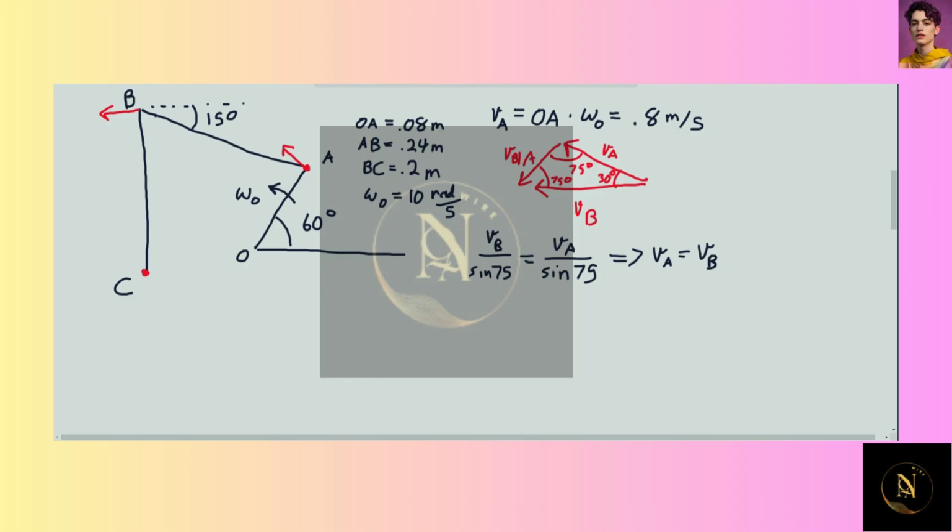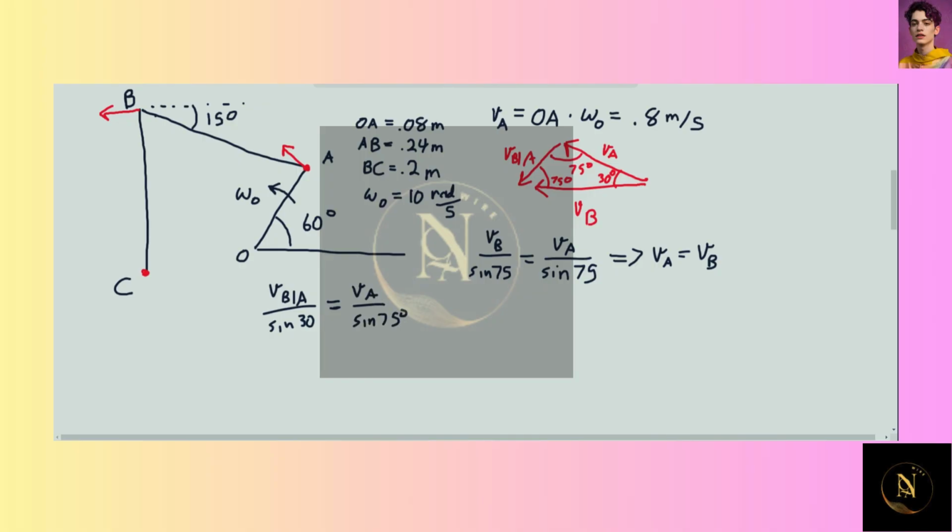So we know what both VA and VB are now. We can then use this to figure out what VB with respect to A is. So VB with respect to A over the sine of 30 degrees equals VA over the sine of 75 degrees.